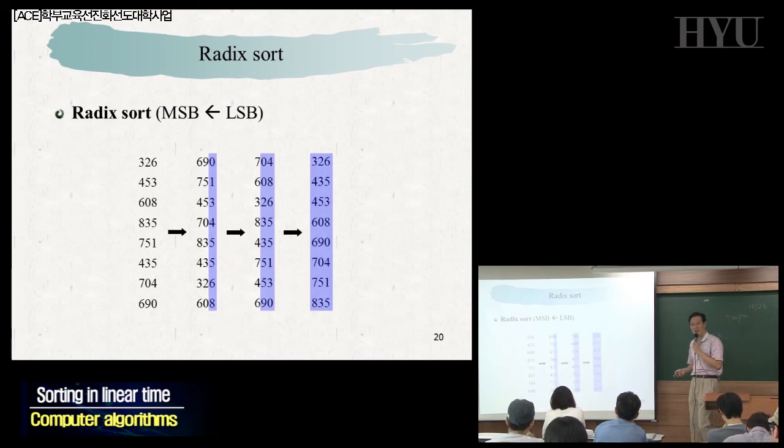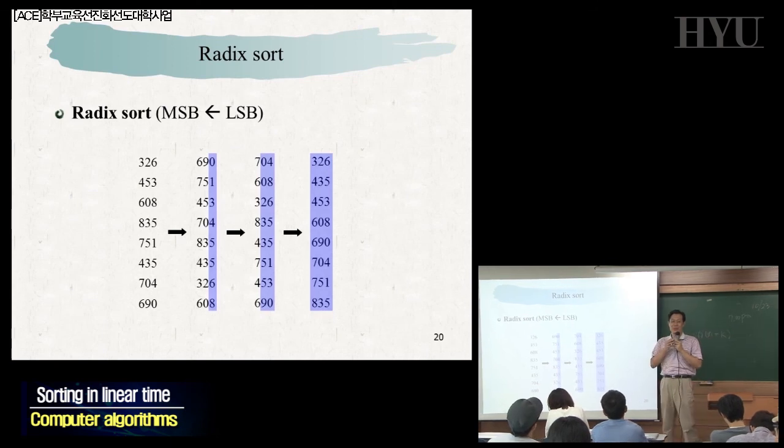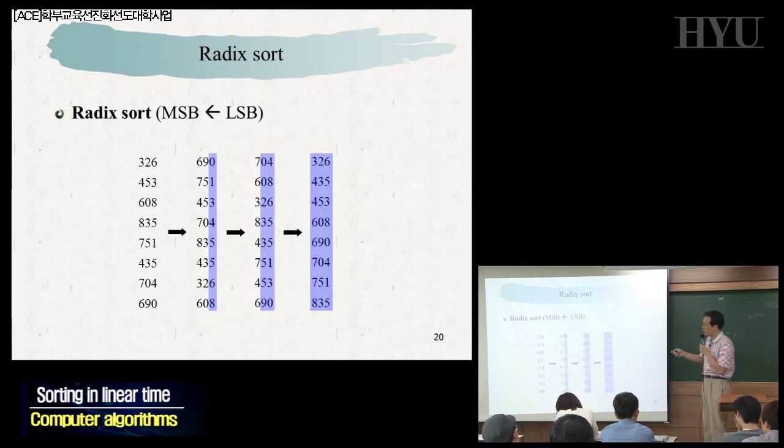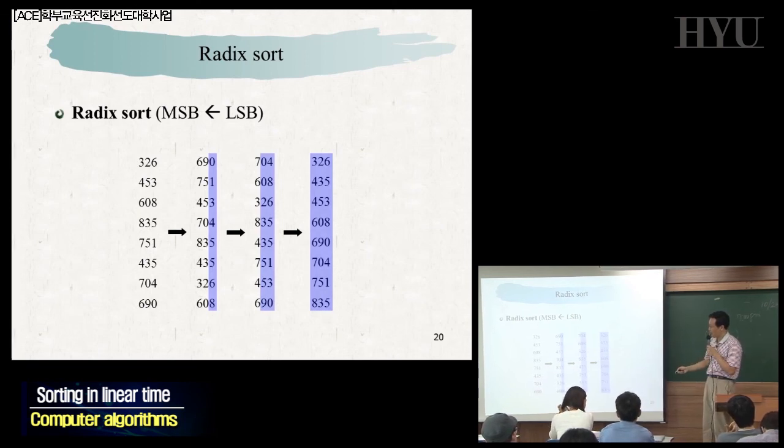like this. Instead of sorting them from the bigger digit to smaller digit, we do it backward. First, we sort the values using their smallest digit. Then they are sorted in this way: 0, 1, 3, 4.